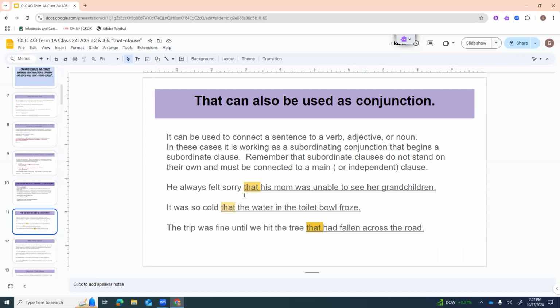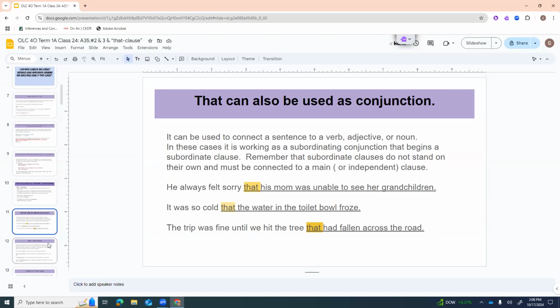So if I said, "He always felt sorry that his mom was unable to see her grandchildren," what is he feeling sorry about? The entire other phrase, his mom was unable to see her grandchildren. "It was so cold that the water in the toilet bowl froze." "The trip was fine until we hit the tree that had fallen across the road."